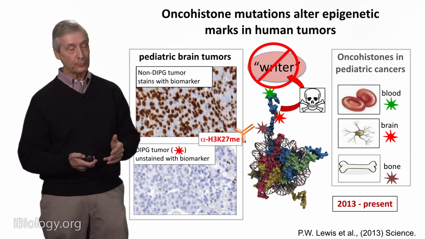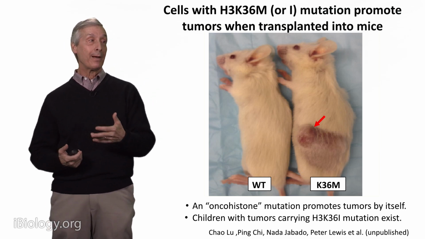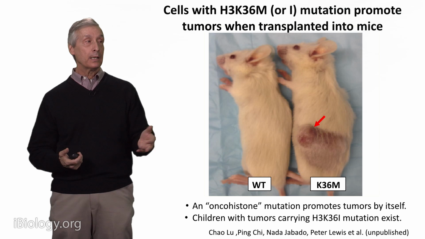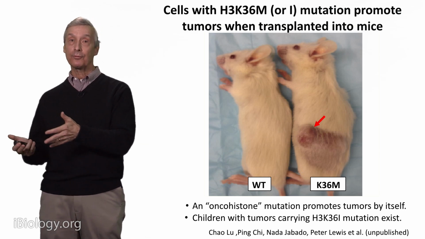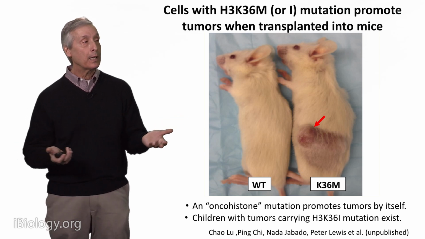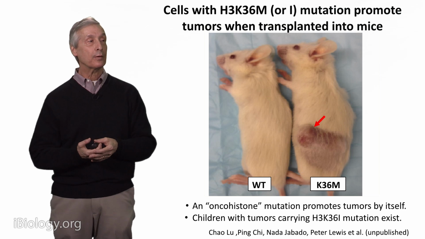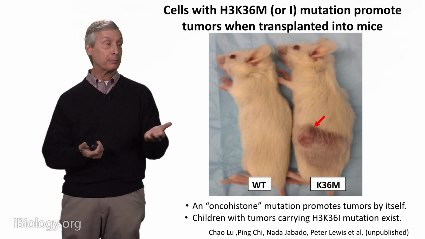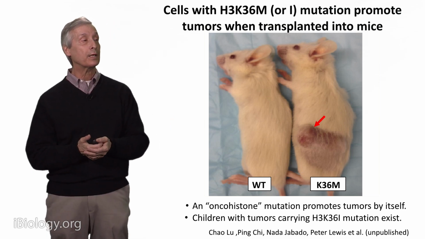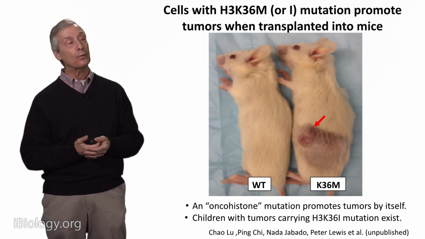And as a footnote, if you transplant these cells back into the side of a mouse, if you transplant a wild type cell, like the left animal, you don't have any tumors formed. And if you do the same experiment with the same type of treatment to a mouse on the right, in this case a particular lysine mutation, K36M, you see there's really very pronounced tumor formation.